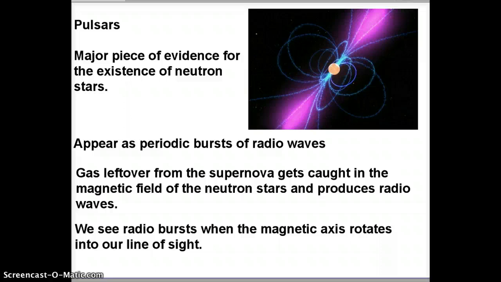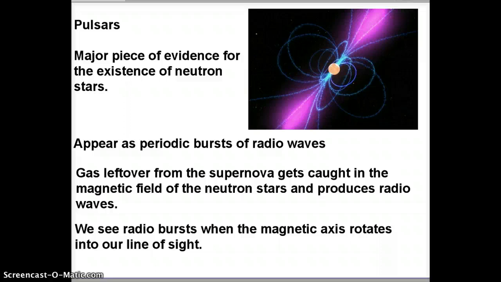Now, the neutron star is also rotating, but the axis that it's rotating on is not necessarily the same as its magnetic axis. For instance, on Earth, you may know that magnetic north is not right at the North Pole. It's even more drastic in the case of pulsars. The axis that it's rotating on is not the same as the magnetic axis.